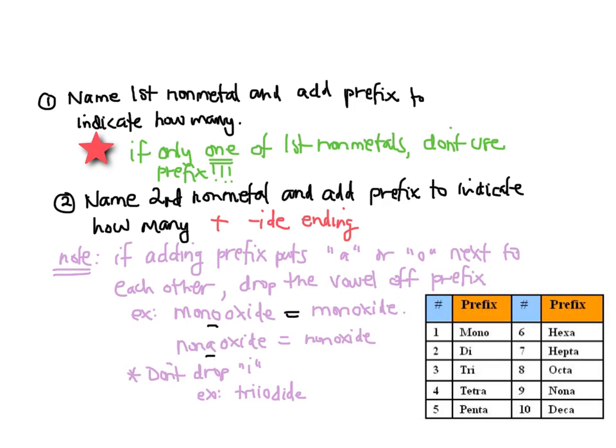Or for example, if you had 9 oxygens, you wouldn't say nona-oxide, you would just say nonoxide. But you don't ever do that for I's. So whenever you have 3 iodines, you don't drop the I, it's just triiodide.